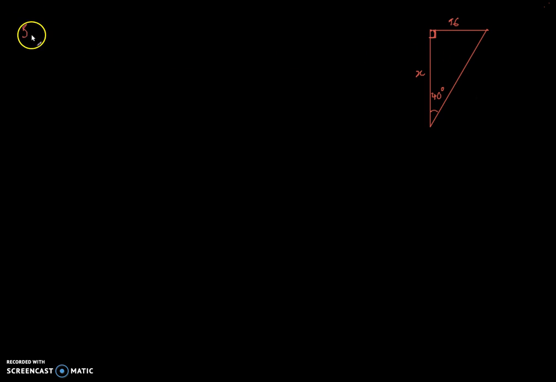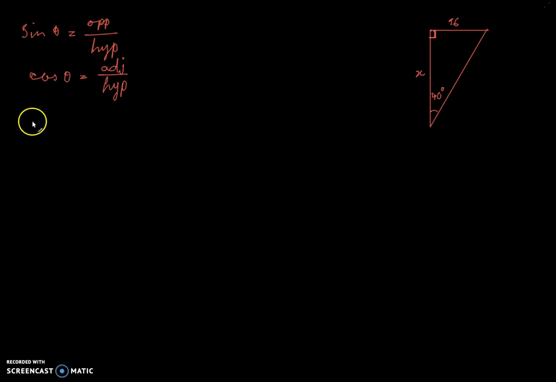If you have sine theta, which is opposite by hypotenuse, and cos theta, then you have adjacent by hypotenuse.